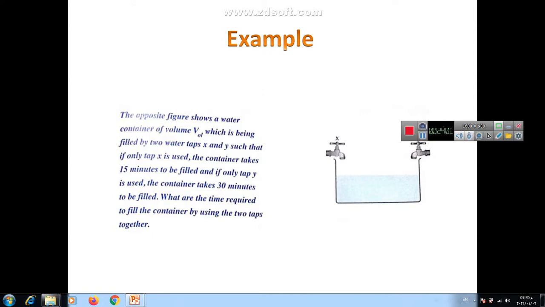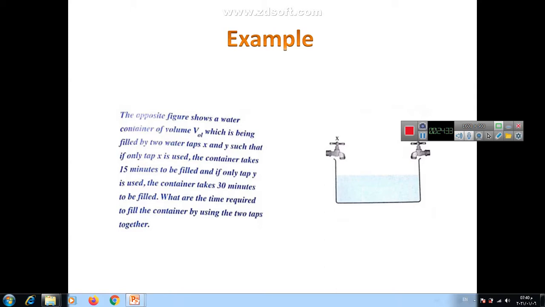In the opposite figure, there is a water container of volume V, which is being filled by two water taps, tap X and tap Y. If only tap X is used, the container needs 15 minutes to be filled.